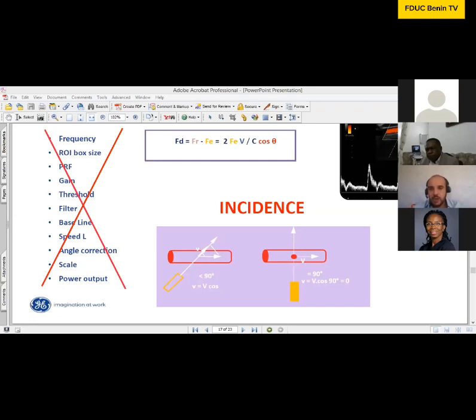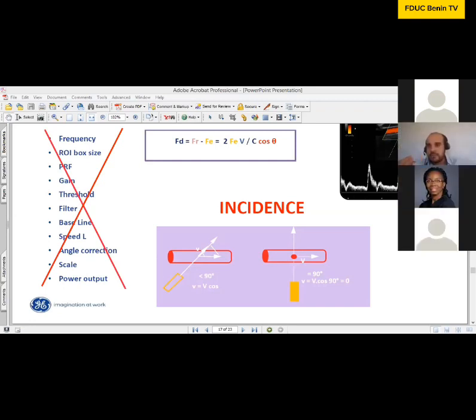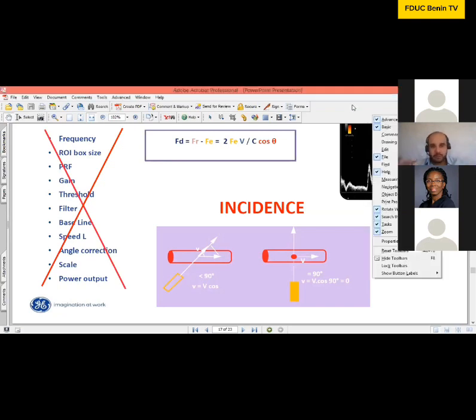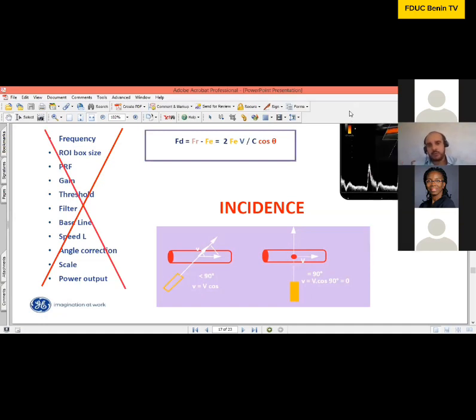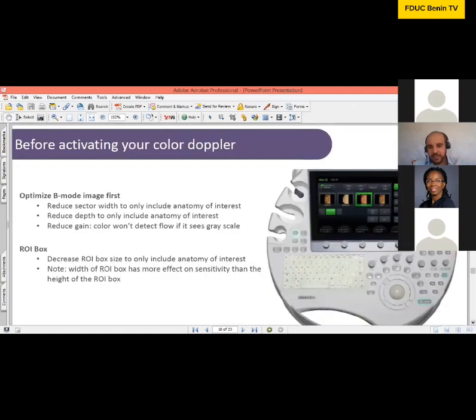So sometimes when you don't see any filling or any color Doppler signal in the vascular areas or in the heart, for example, just try to change the incidence of your probe, and you will see that you will improve the vascular structure and the filling of the color Doppler. So really very, very, very important.